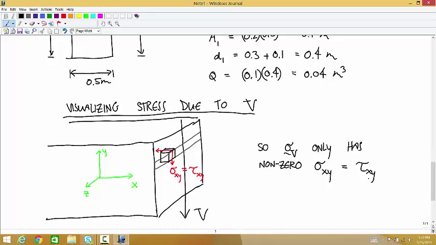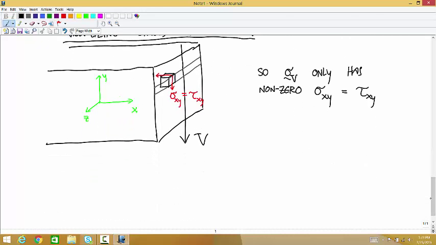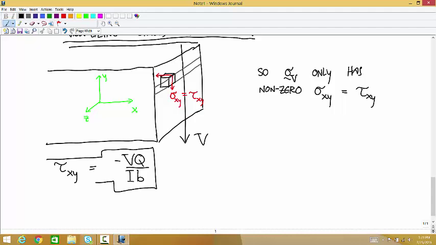And the value of that shear stress, tau xy, is equal to negative shear force times Q divided by IB. You can trust the sign on this one, so you don't have to think physically about the directions.